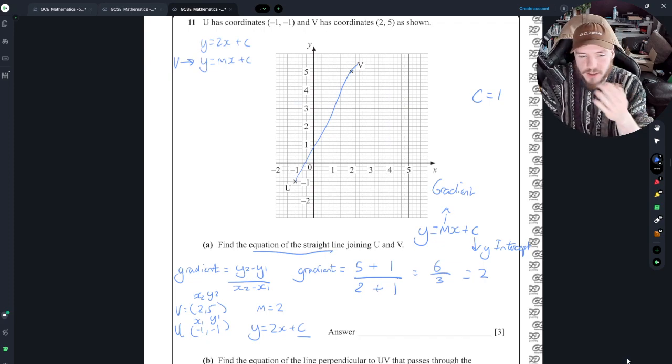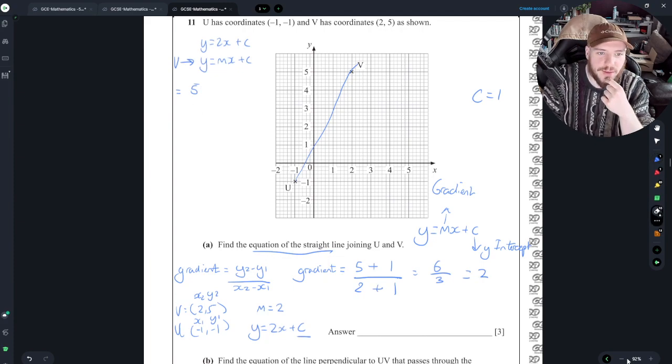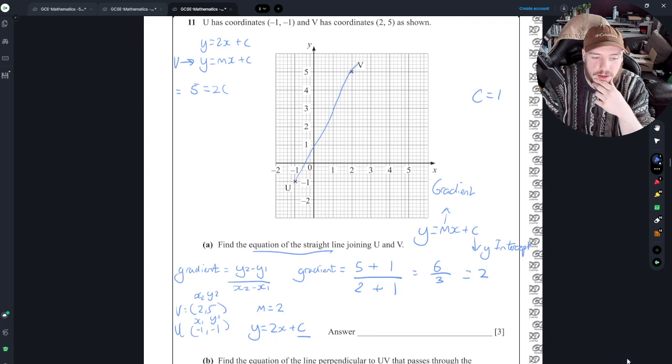Just given the general equation, 5 for the y is equal to 2, the gradient, multiplied by 2, because that's our x value, plus c.